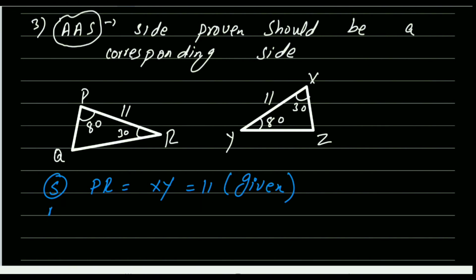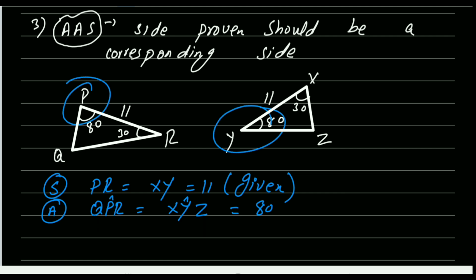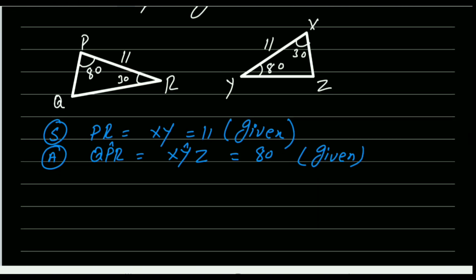Second is angle QPR is equal to angle XYZ is equal to 80. You can see angle P and angle Y are both equal, so you will write the reason that it is also given.